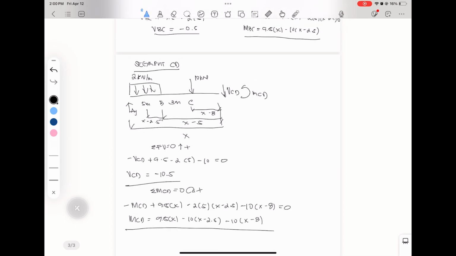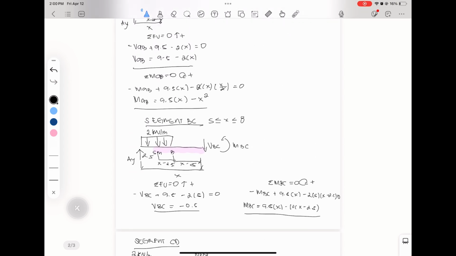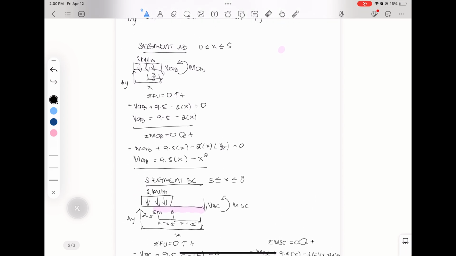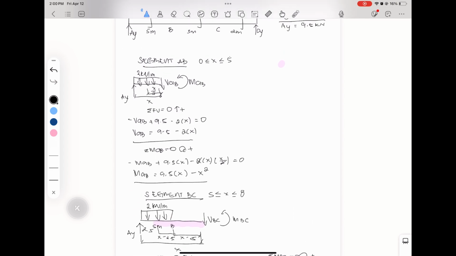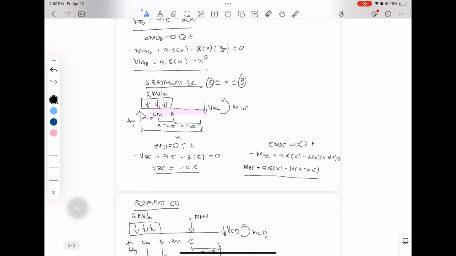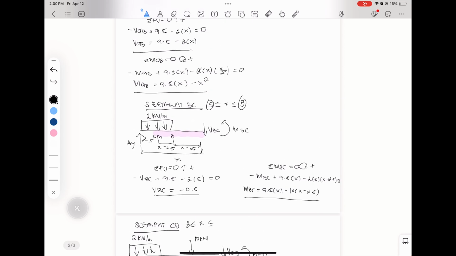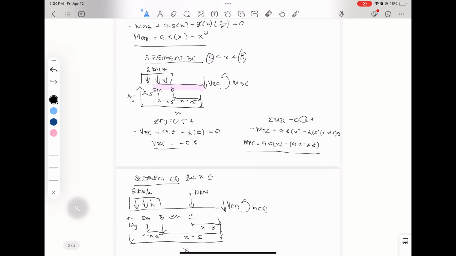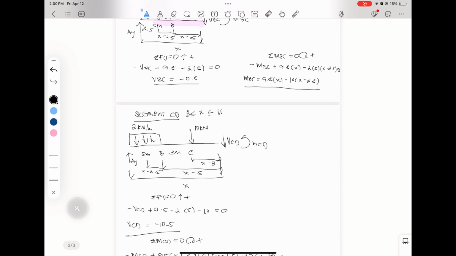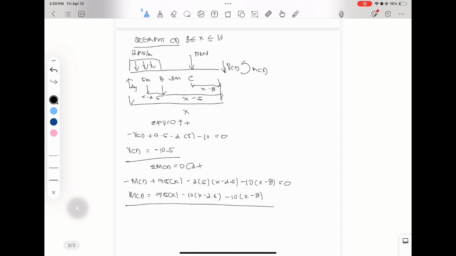Now for the drawing of the diagram, first you have to substitute the numbers here. So 0 and 5, 5 and 8, and for segment CD it's going to be 8 less than or equal to x less than or equal to the final number, 8 plus 2, which is 10. You just have to substitute those numbers into x here.